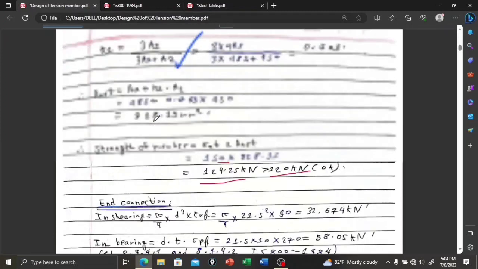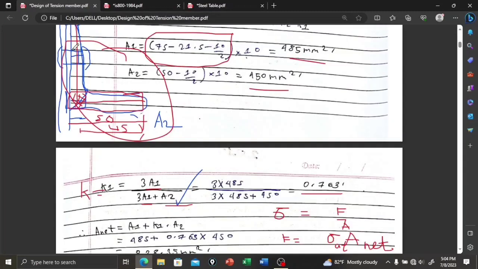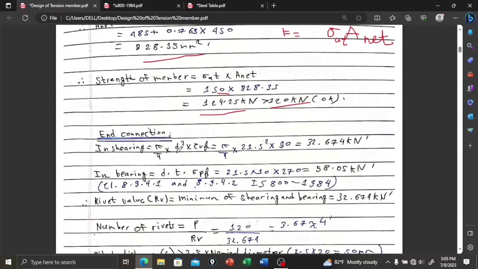That is the area of hole. This is the area which resists the shear force. This is the diameter of hole, it resists the shear force, so pi d square by 4 into tau BF. So it will be 32.674 kN.